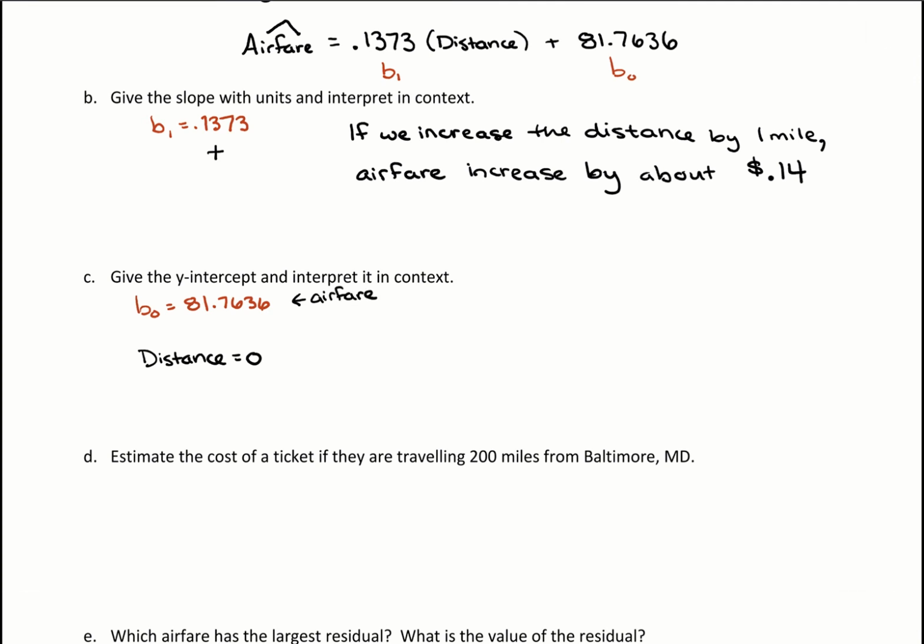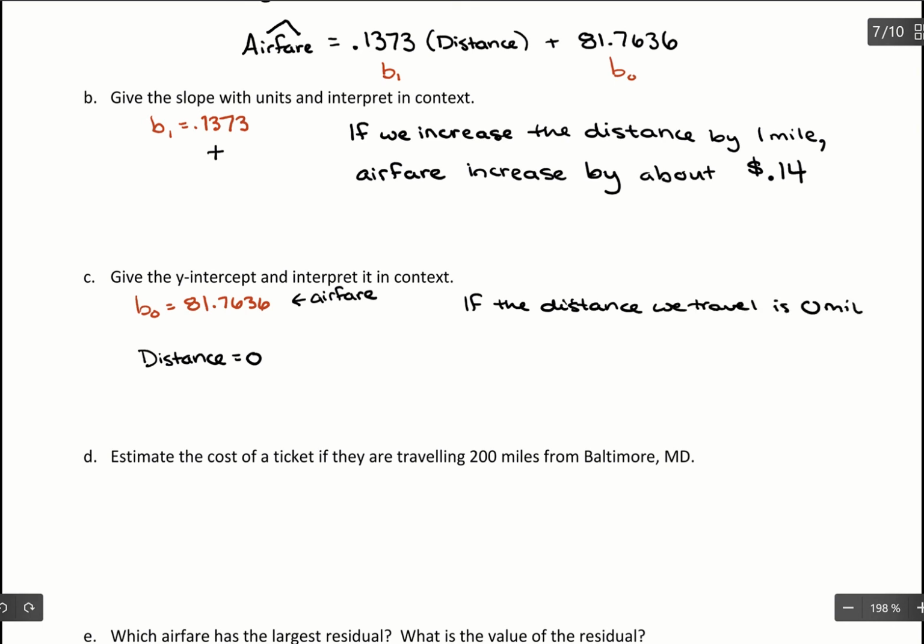So if I translated this directly right now, it's that if the distance we travel is 0 miles, the airfare is $81.76. Now that doesn't really make sense. That would be the equivalent of just not traveling and then an airline saying, hey, you didn't travel, now pay me $81.76. Not so much.